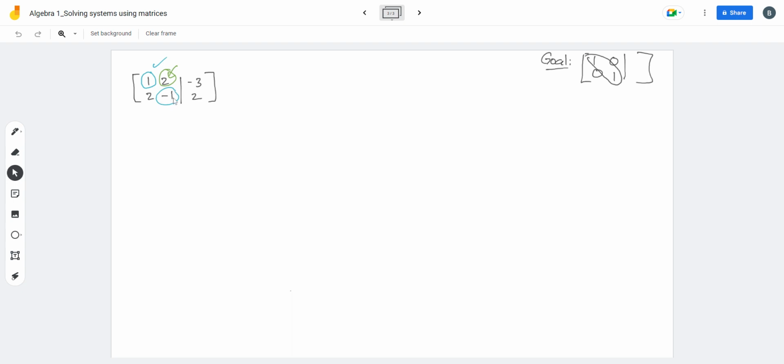I wish this could be a -2, because then I could add these two rows up and achieve 0 over here. That's exactly what I want to do. Usually we're going to write our strategy out loud to avoid making mistakes, because if you don't write out what you are planning to do, I would say 90-something percent of the time you will make a mistake.